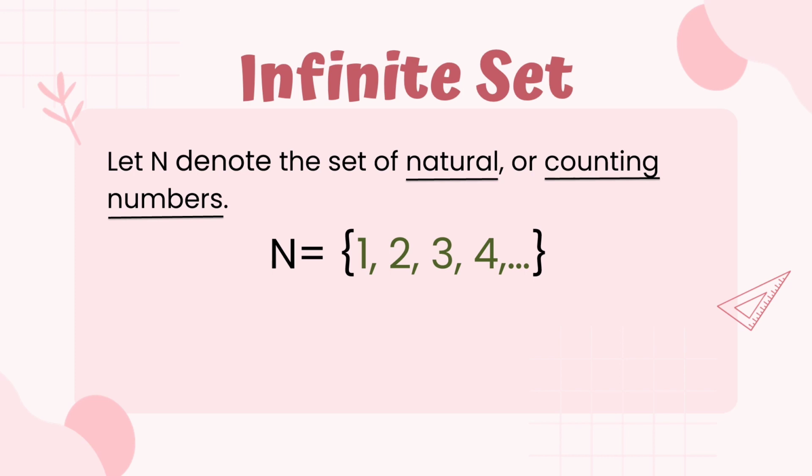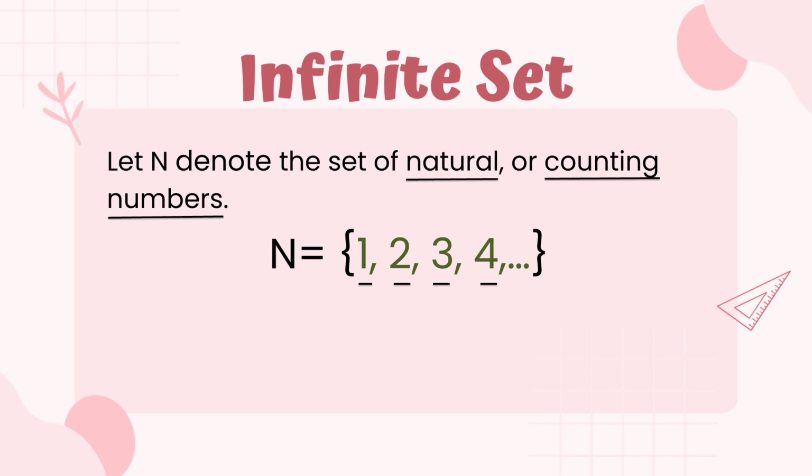If you think about the natural numbers, you start at 1 and you increase in increments of 1. So you go 1 and 2 and 3 and 4 and 5 and 6 and 7 and 8 and 9 and 10. It keeps going forever.